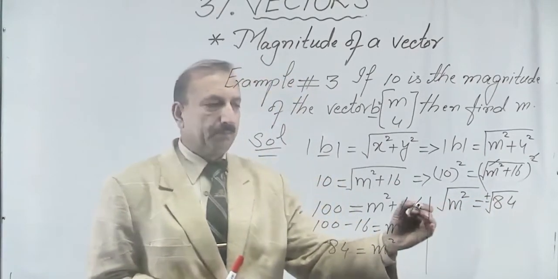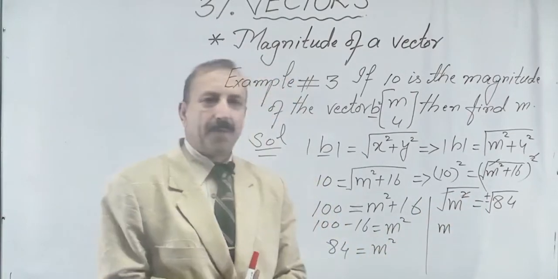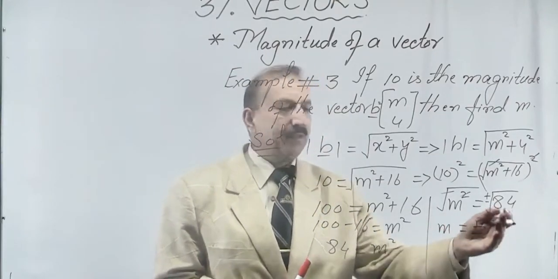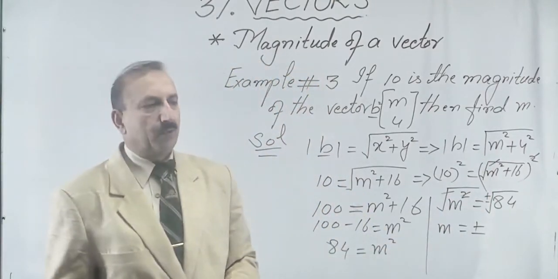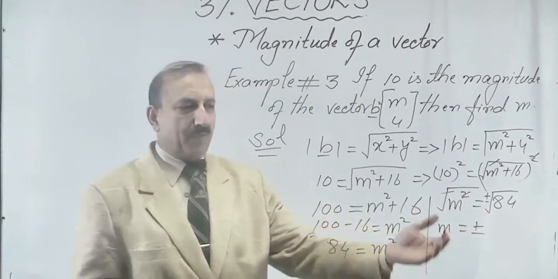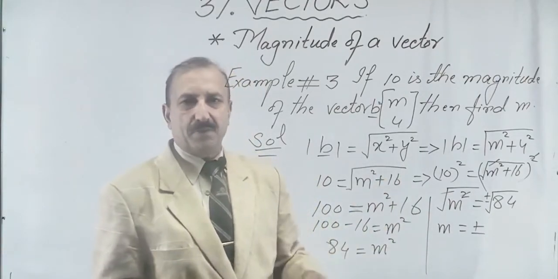This is essential. So the square cancels with the square root, and we get m equal to plus minus the square root of 84. Again, this is a number that requires a calculator to get its value. Otherwise, this value would be an estimated value. So you will be in a paper where a calculator is allowed.